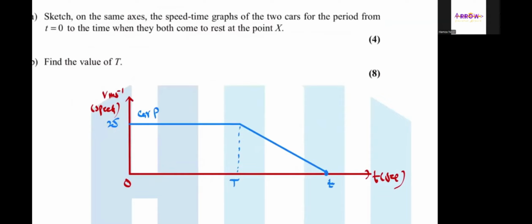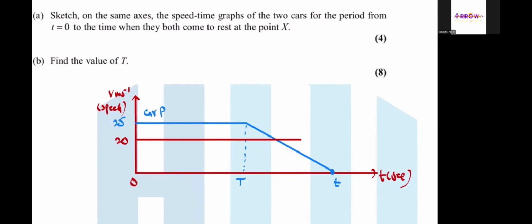Okay. So first of all, car Q is moving with a constant speed of 20 meter per second. So I'm going to make a horizontal line over here like this. And from t equals 25, it starts to decelerate.